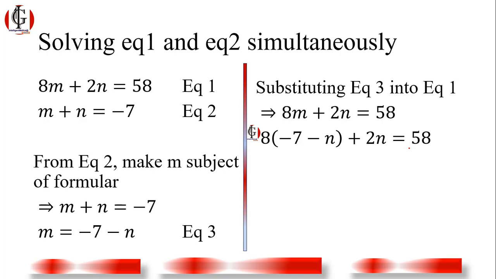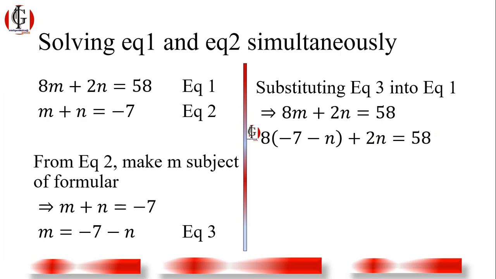So if we open this bracket, 8 times minus 7 gives me minus 56, and 8 times minus n will give me minus 8n, and then plus 2n equals 58.